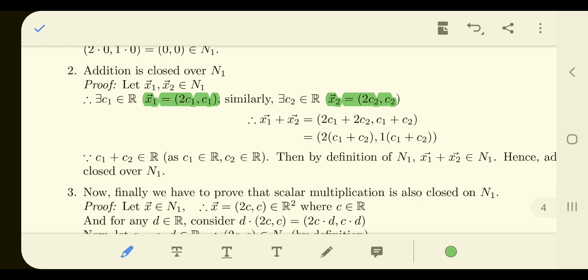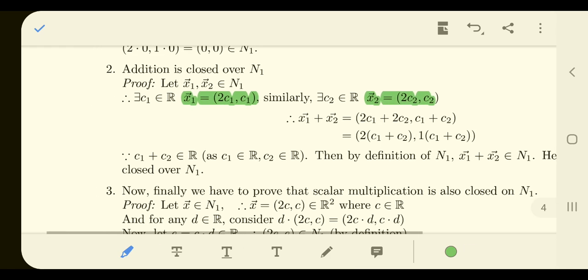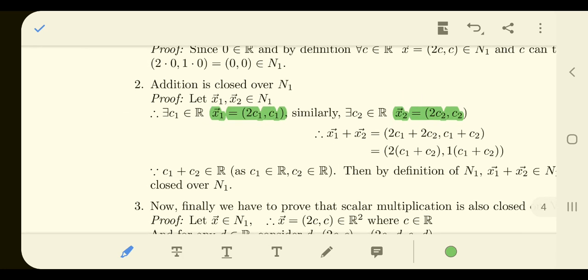So they must be part of n1, right? Now if you do x1 plus x2, you have to add them component wise.